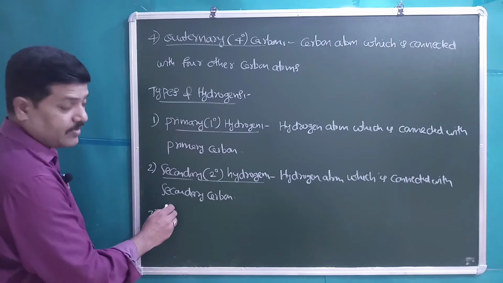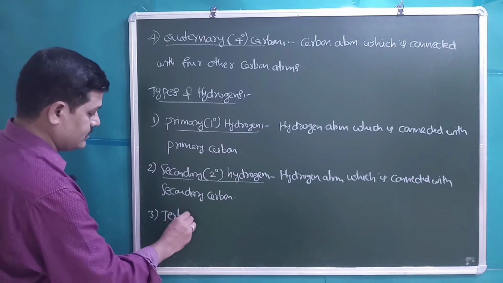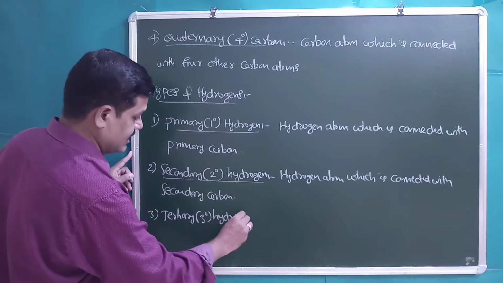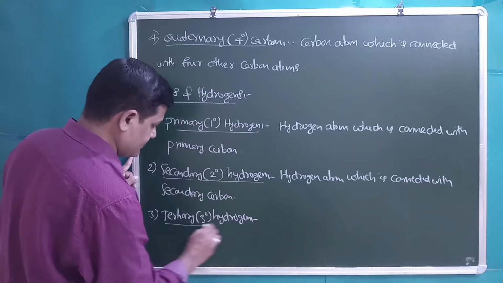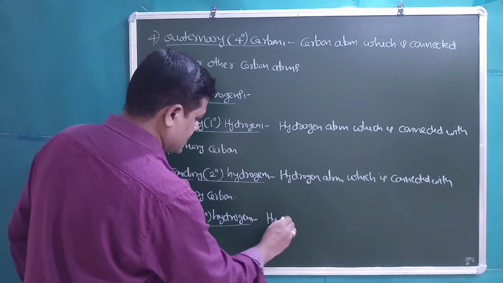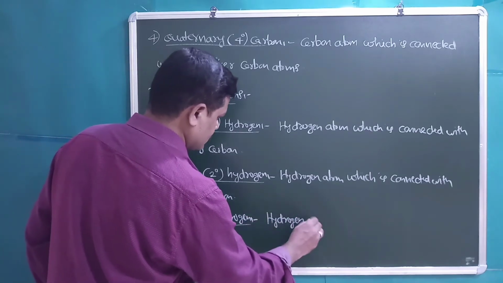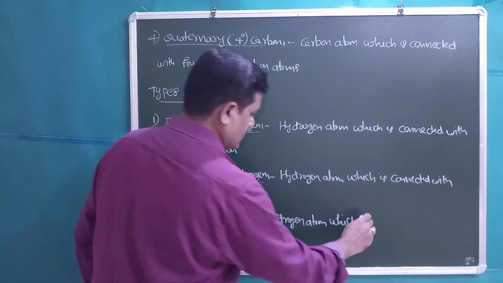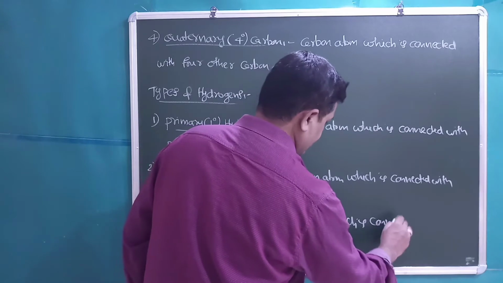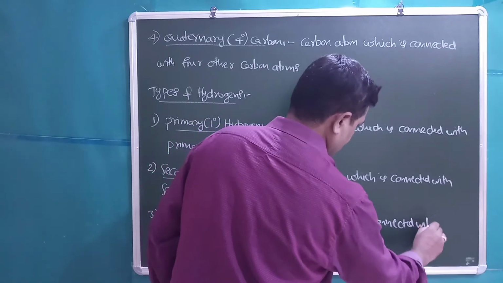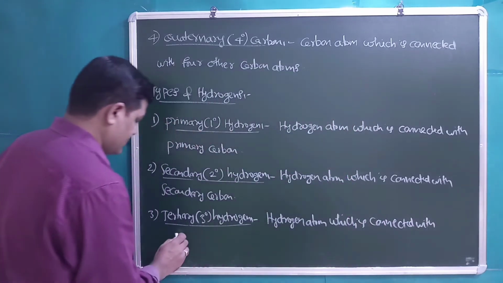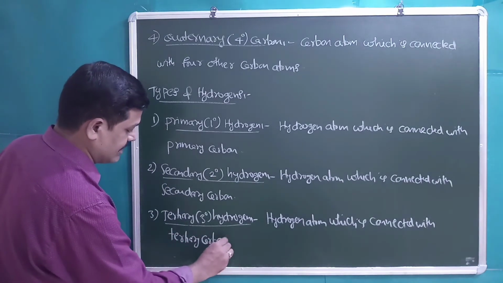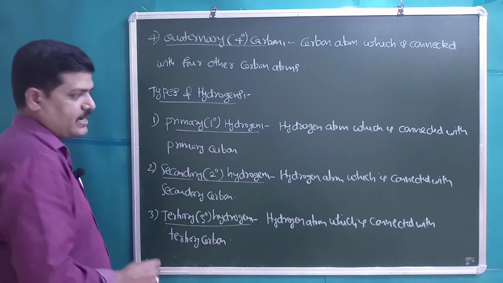And the third type of hydrogen is tertiary or 3 degree hydrogen. A hydrogen atom which is connected with a tertiary carbon is called a tertiary hydrogen.